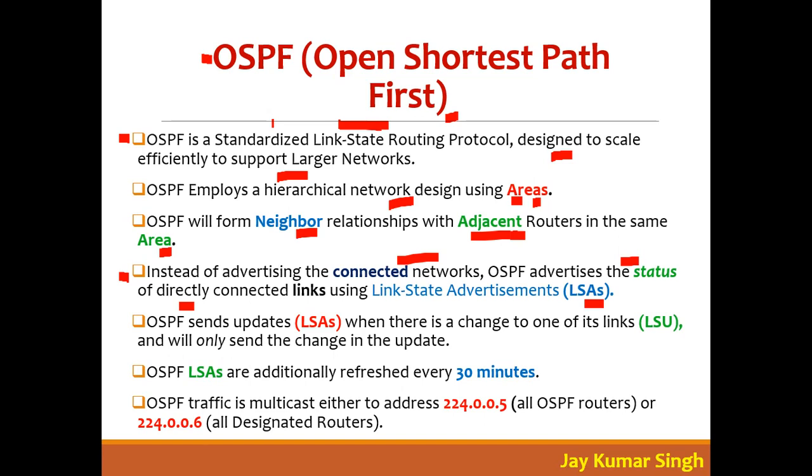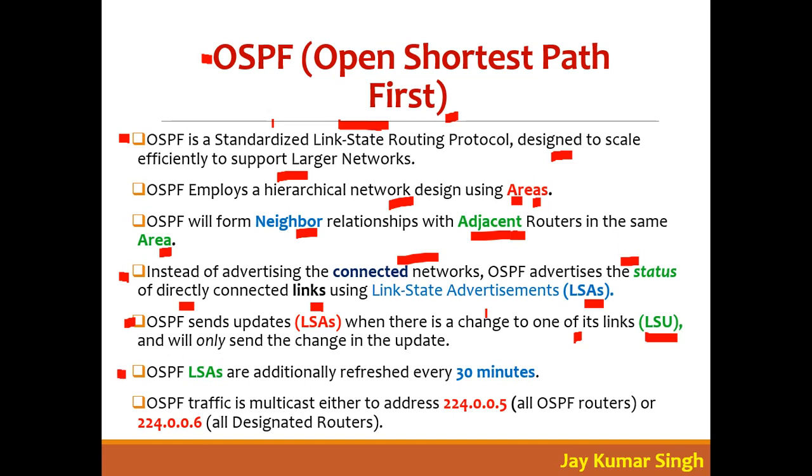Now, OSPF sends LSA updates when there are changes on the links. It's not periodic: the first time OSPF will send an LSA update to the neighbor, and the second time, whenever there are changes, it will generate an LSU and update the neighbor. So it's not a periodic update.